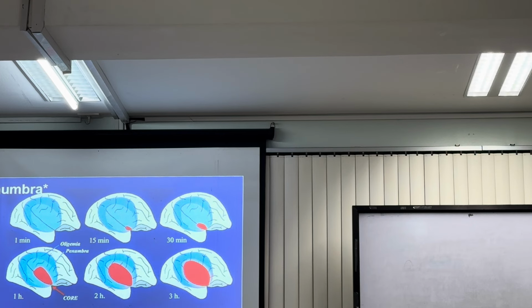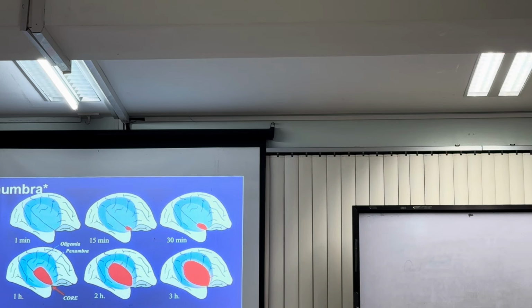Here, what I said about ischemia, the effects on the neurons, the dying neurons, is time dependent. The red here is the area that's already dead. Just 15 minutes of zero blood flow to an area of the brain, and that area of the brain is dead in 15 minutes.